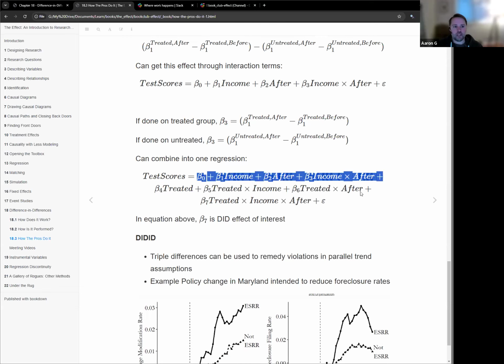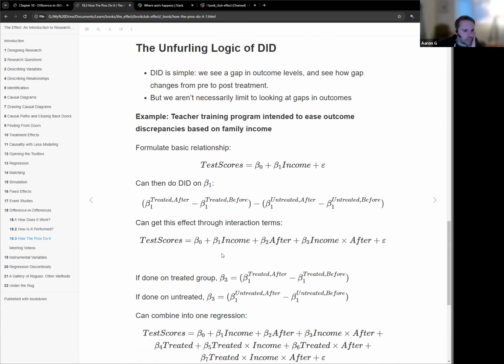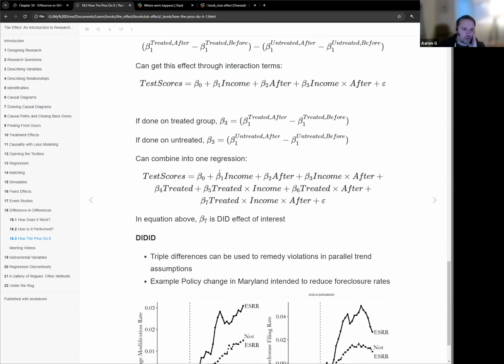And we can do that here. It gets a little hairy because now we have quite a few pairwise interactions, and with a three-way interaction, we can actually measure the DID effect directly.